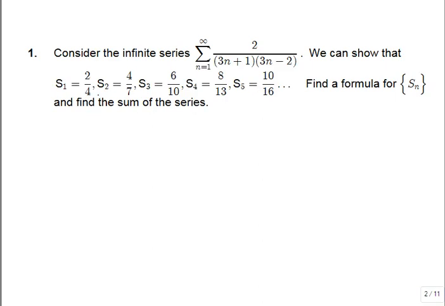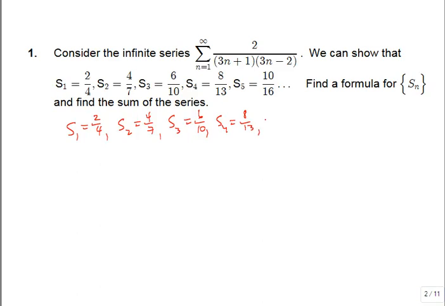Now it's nice that they're telling us these partial sums so that we don't have to compute them, but what they want us to do is find a formula for the generic partial sum S sub n, and then use that to figure out if this series converges, and if so, what does it converge to. So if we look at our partial sums here, to figure out a formula for S sub n in general, we're going to need to see what the pattern is here.